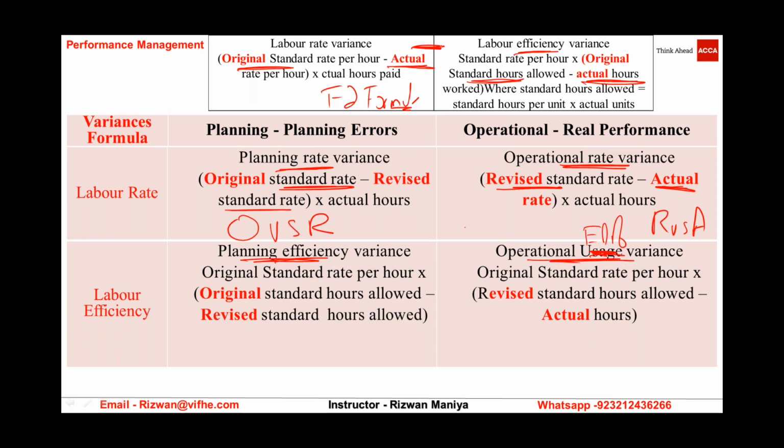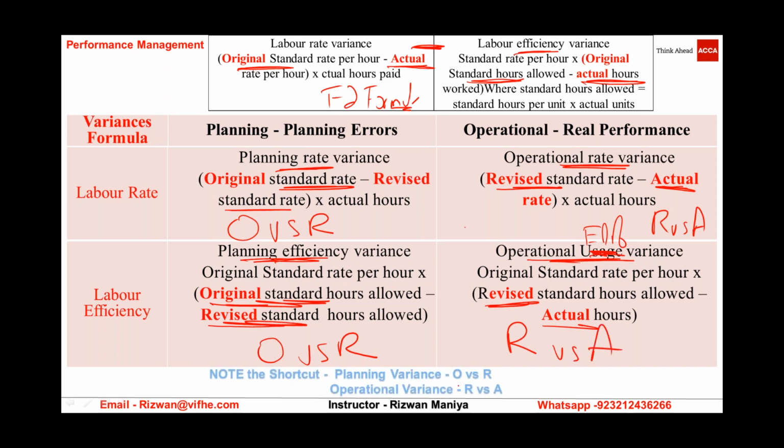For labor efficiency, what's the formula? Original standard hours allowed versus revised standard hours allowed, O versus R, for planning. For operational, what's the shortcut? Revised versus actual. So again, the trick is the same. For planning, O versus R. For operational, R versus A.